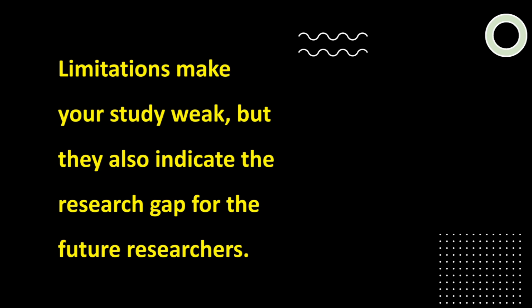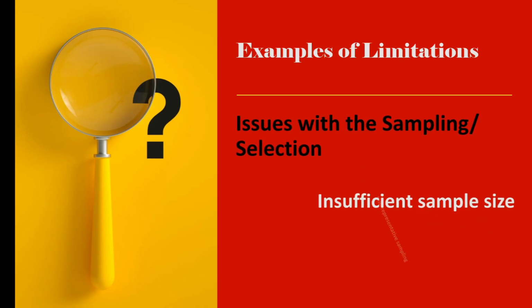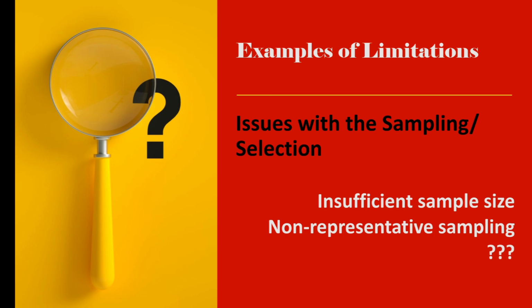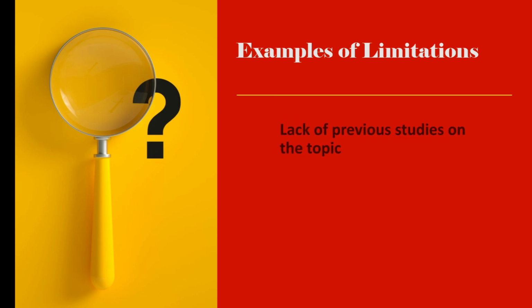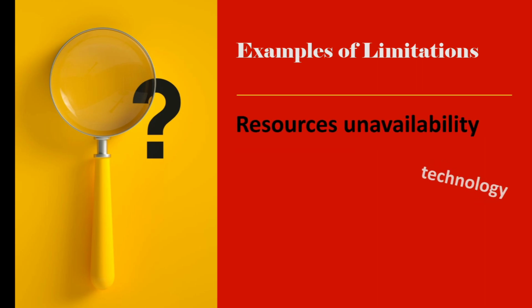Let's look at some examples of the limitations. For example, issues with the sampling or selection. Let's say insufficient sample size or non-representative sampling. Another example, lack of previous research studies on the topic, and limitations in technology, tools, and instruments to collect the relevant data.